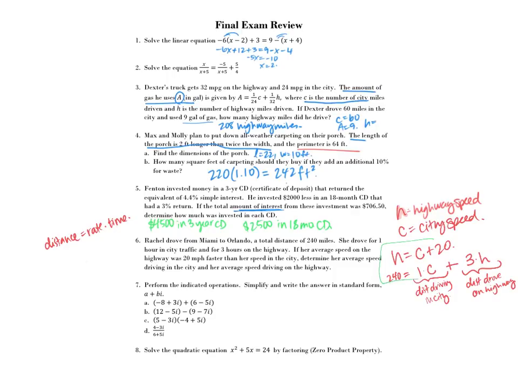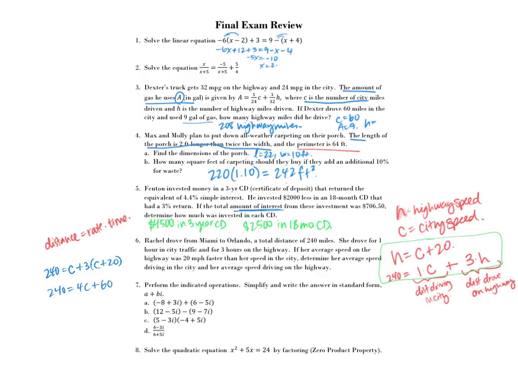Okay, so now I have 2 equations and 2 unknowns. So here are my 2 equations. What I'm going to do is just do substitution, and I'll replace that H with C plus 20. So I get 240 equals C plus 3 times C plus 20. Okay, so then 240 is equal to 4C plus 3 times 20 is 60.